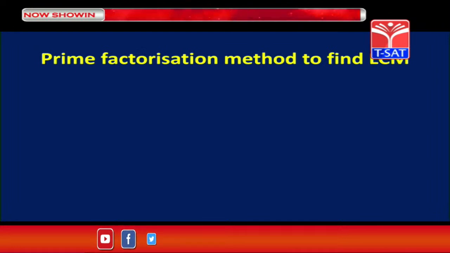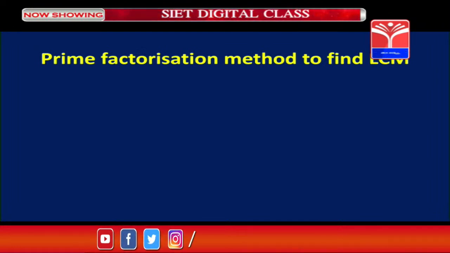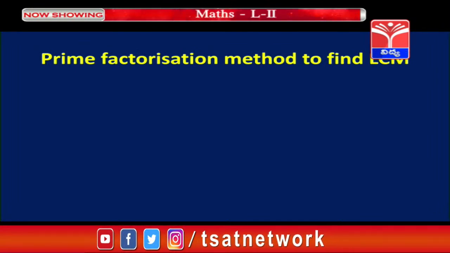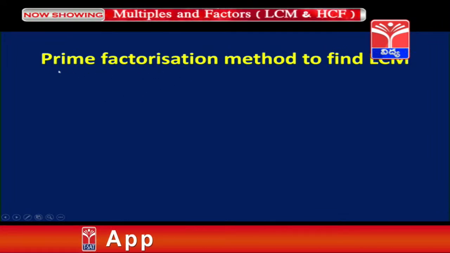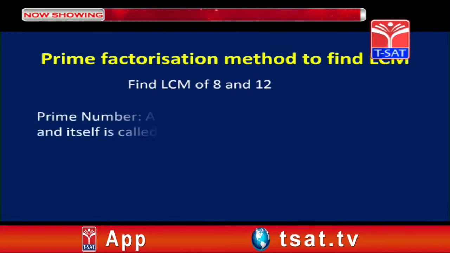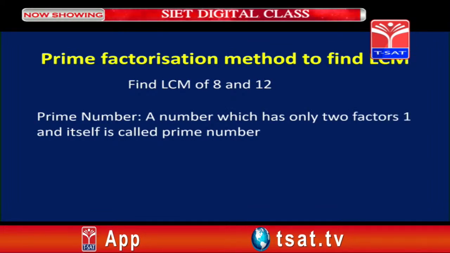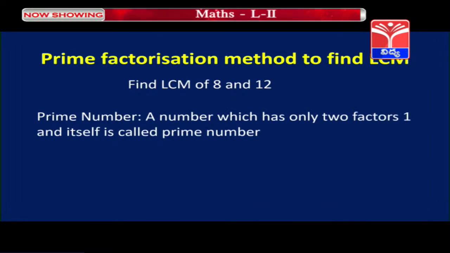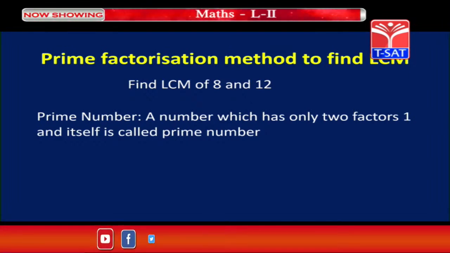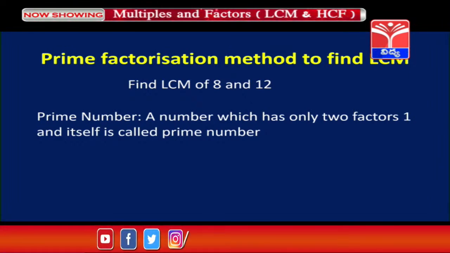Now let us come to the next topic, that is the prime factorization method to find LCM. Before going to this method, let us understand the word prime numbers. Prime numbers means a number which has only two factors, 1 and itself, is called a prime number.